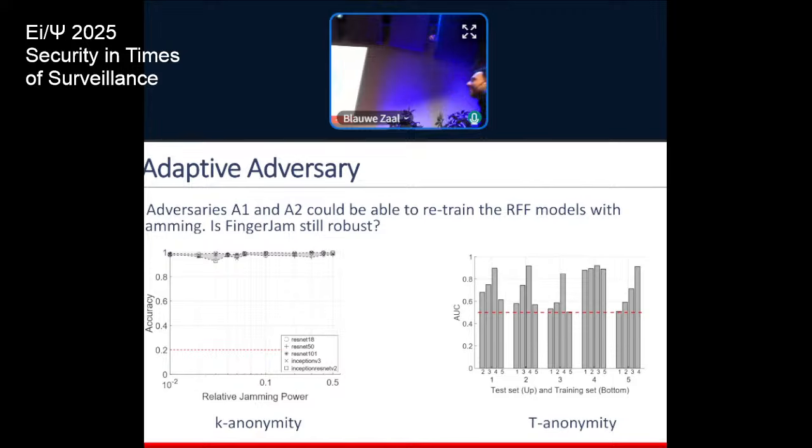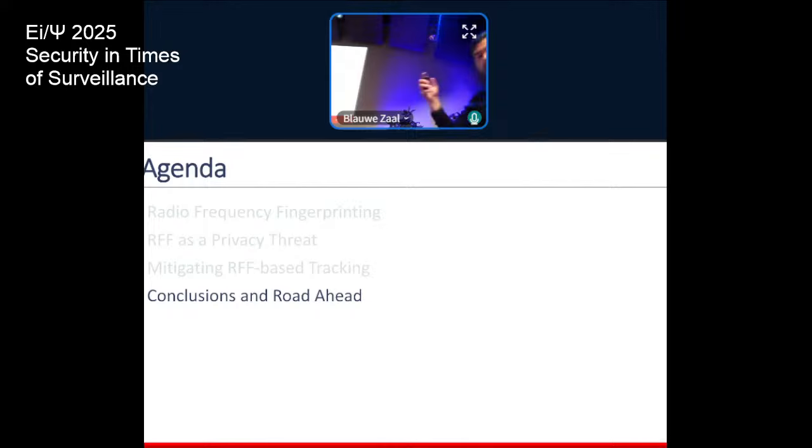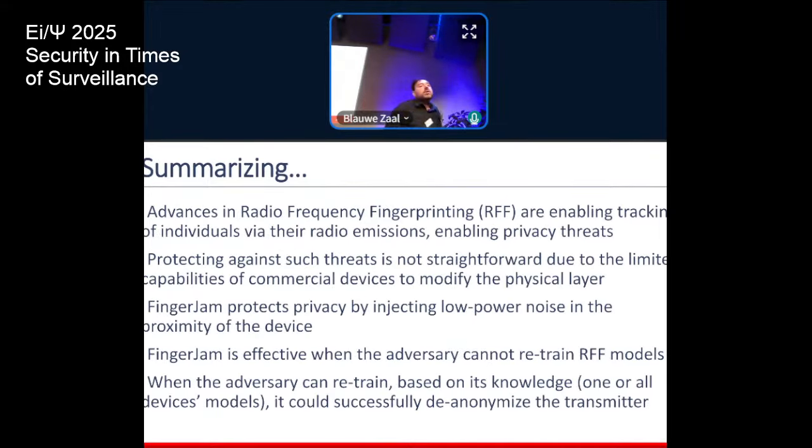And this is exactly the starting point of the final considerations after all this discussion. Radio frequency fingerprinting in general is something that can be used in a powerful way, independently from our solution, to track wireless devices in the wild.